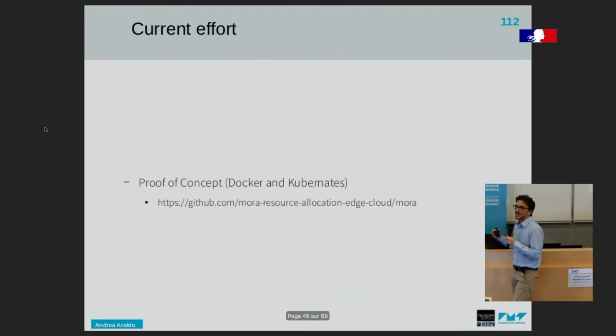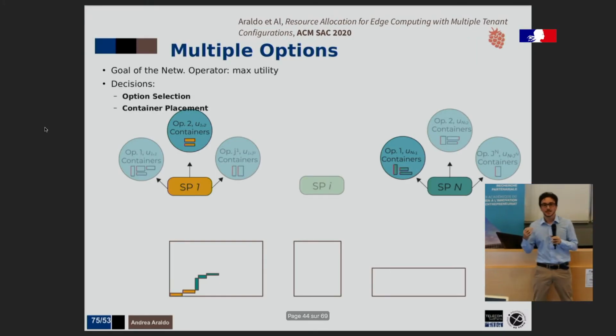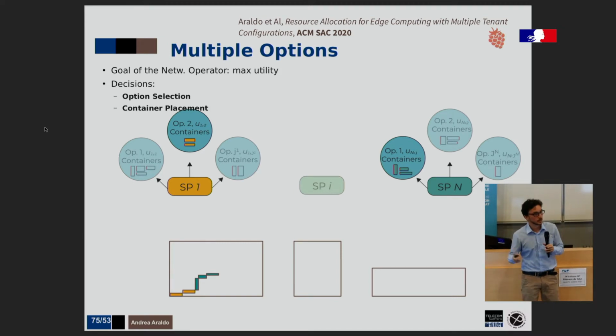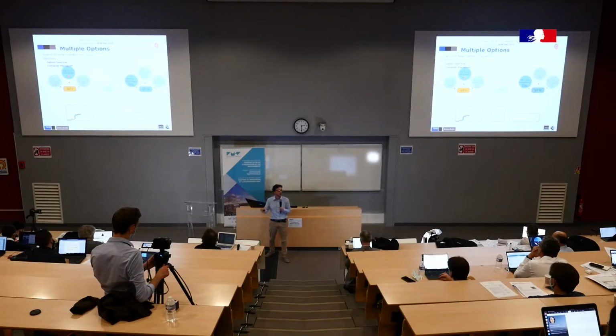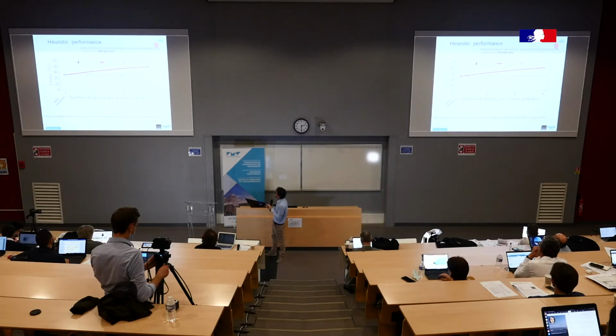So we say that doing this, we are exploiting the service elasticity. That is the capacity of services to adapt to the available resources and to change their configuration according to the available resources. And here are some results we got from simulation.